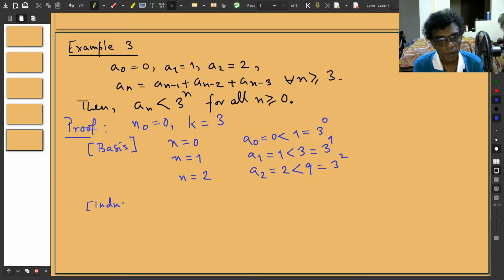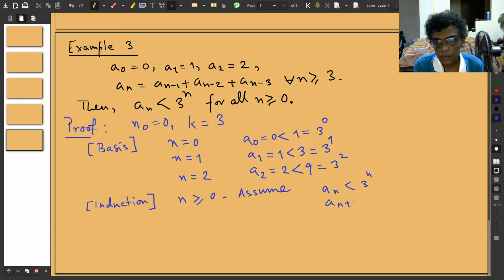Then we have the inductive step. So take some n greater than or equal to 0 and assume, this is the induction assumption, that A n is less than 3 power n, A n plus 1 is less than 3 power n plus 1, and A n plus 2 is less than 3 power n plus 2.